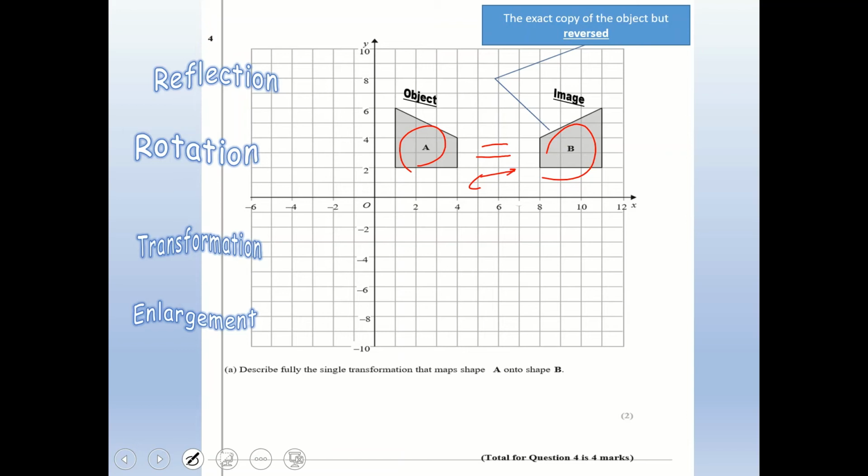To describe the reflection, we need only the mirror line equation. The mirror line should be halfway between any pair of corresponding points on the object and the image. Let's start by finding the halfway point between the point 8,2 on the image and the point 4,2 on the object.